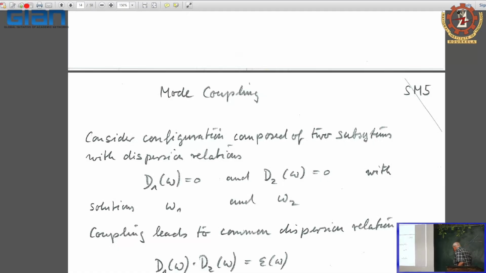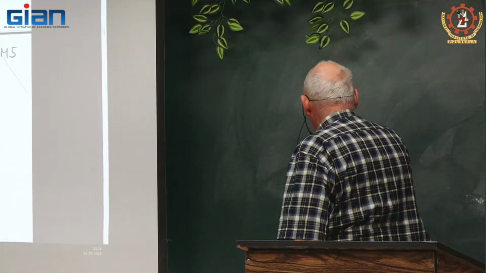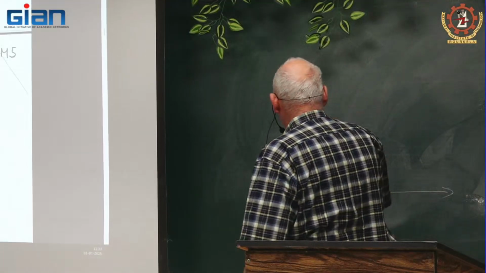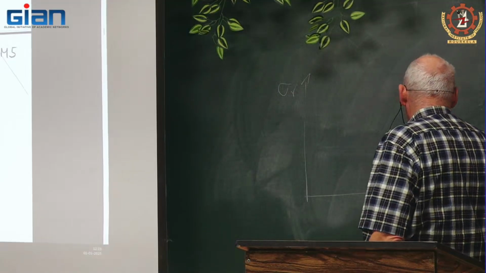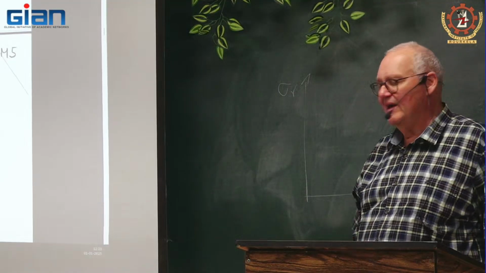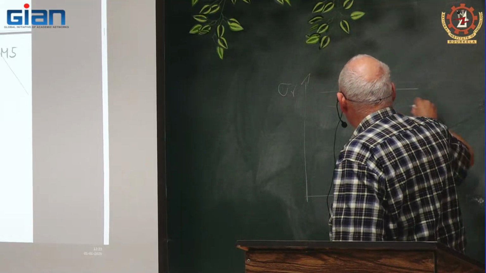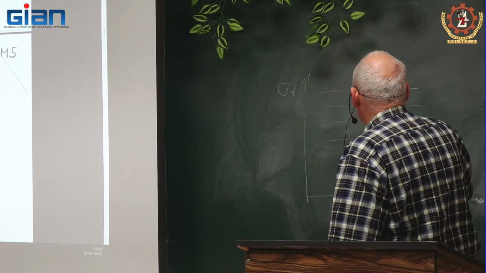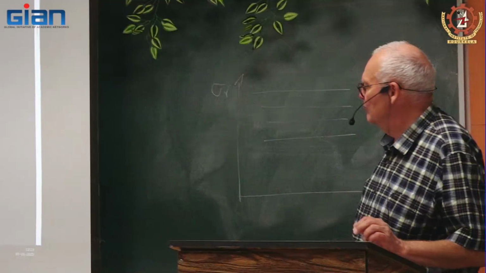So you have one set of modes which depends on a parameter, sigma r as a function of the parameter. Let the parameter, for instance, be the mass. Then we have a set of modes which have almost no dependence on the parameter m. This is one set of modes.